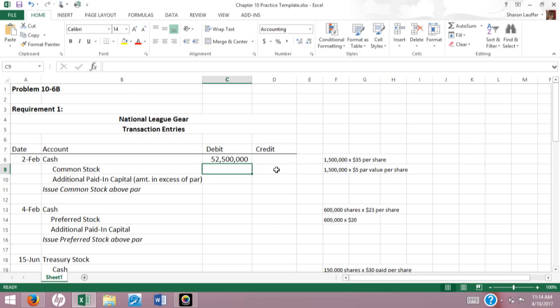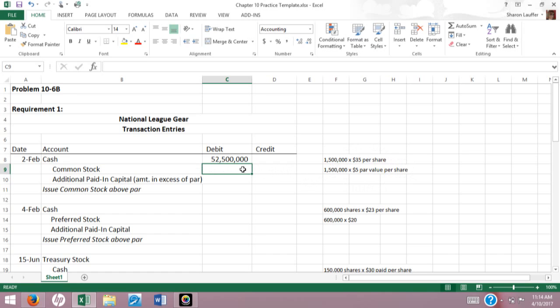The next thing we're going to do is record our common stock and our paid-in capital. When we record the sale of stock, we record part of that sale in our stock account at the par value per share. Our instructions tell us that our common stock has a $5 par value per share. Out here to the right, I've typed out my calculations so that you can see exactly what I'm doing.